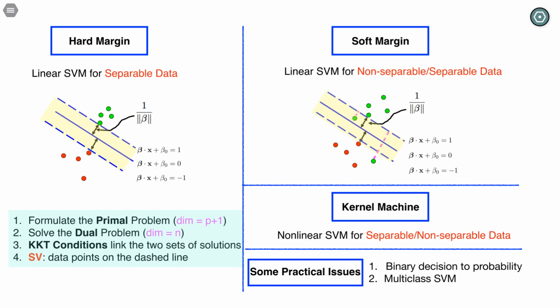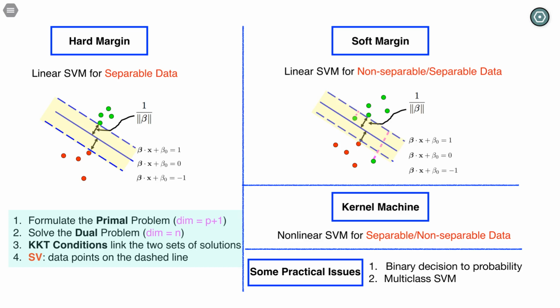Another extension of the hard margin formulation is this: for the picture on the right, we cannot find a linear line to separate the two groups, but it's possible we can find a nonlinear function, a nonlinear decision boundary, that can separate the two groups.